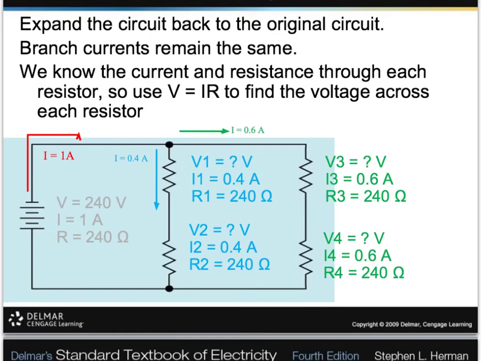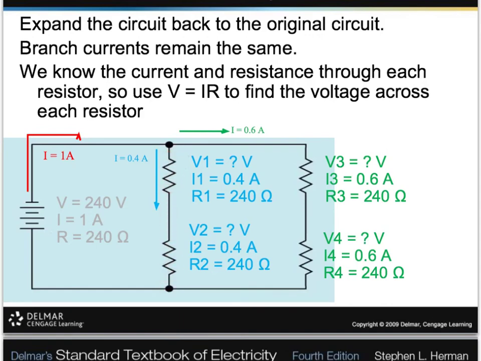Okay, so now we're back to the original circuit. We know now that 0.6 amps goes this way, 0.4 amps goes this way, so this 0.4 amps goes through both this resistor and this resistor because they're in series. They make it one loop, and the current does not have a choice which way to go.